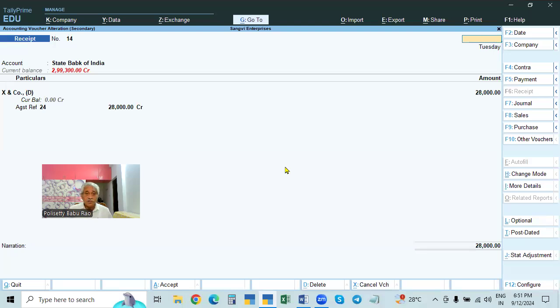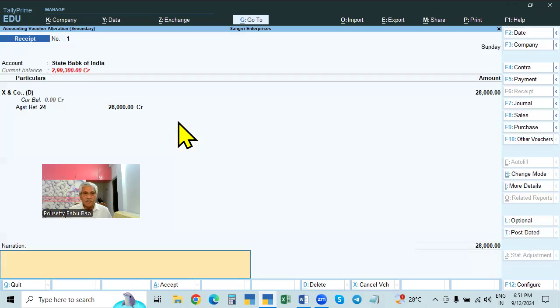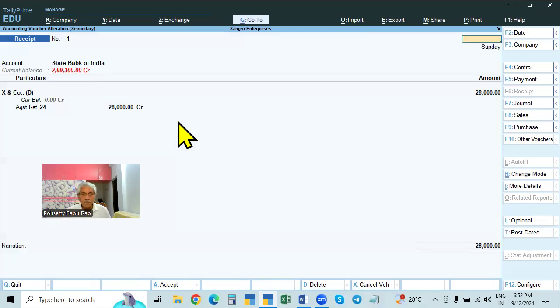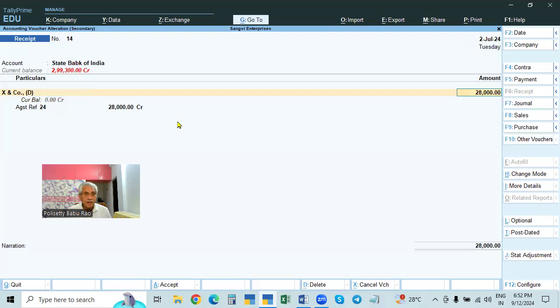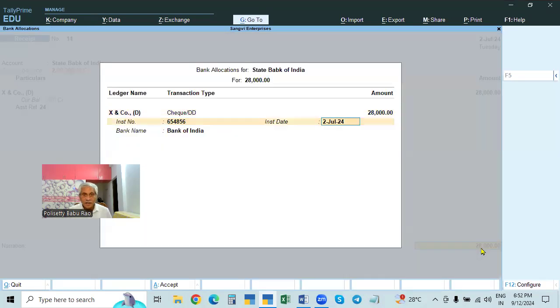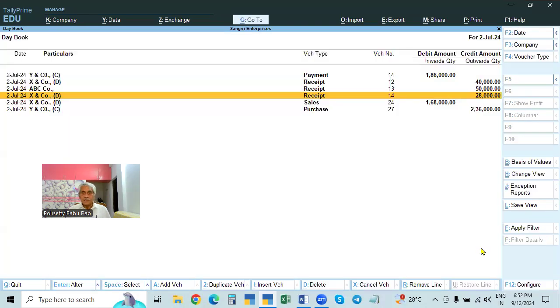The check number, say 654856, is easy for us. Check date, 2nd July. So it is accepted.